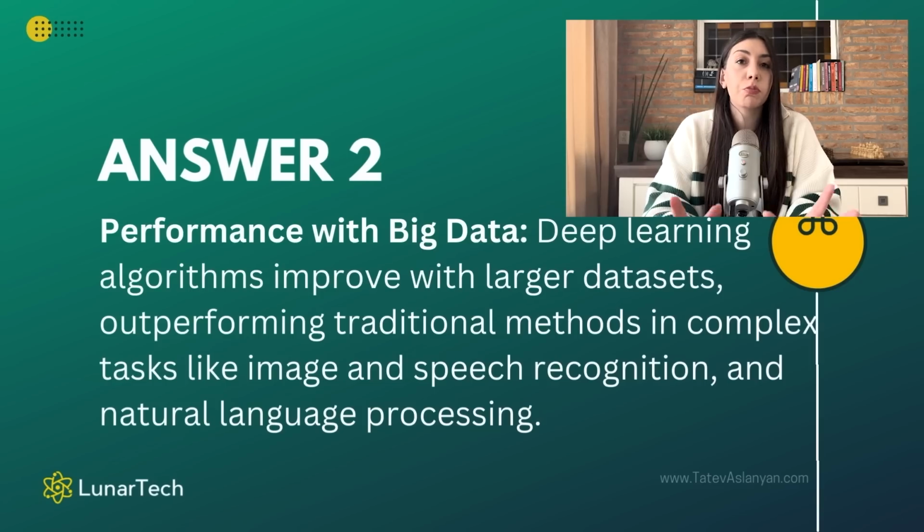So deep learning models perform very well on big data, something that we have seen machine learning models suffer with. ML models are known for becoming worse in terms of performance when the size of the data increases.